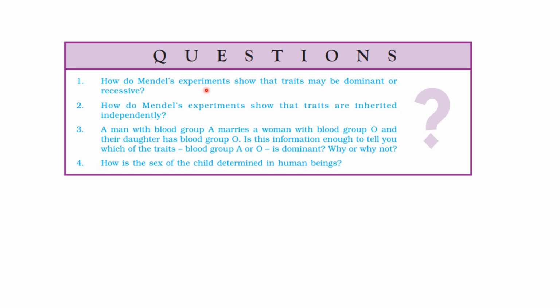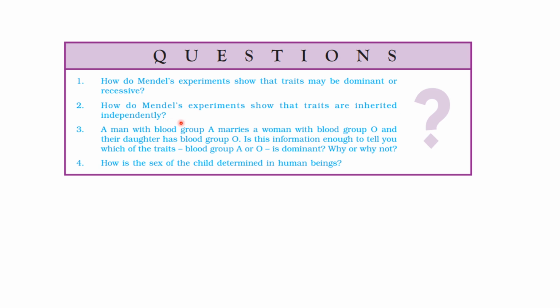When the F1 plants, capital T small t, were self-pollinated, the F2 generation showed a 3:1 ratio of tall to dwarf plants. This confirmed that the dwarf trait, though masked in the F1 generation, was present and could reappear, demonstrating recessiveness. So this is the first answer.